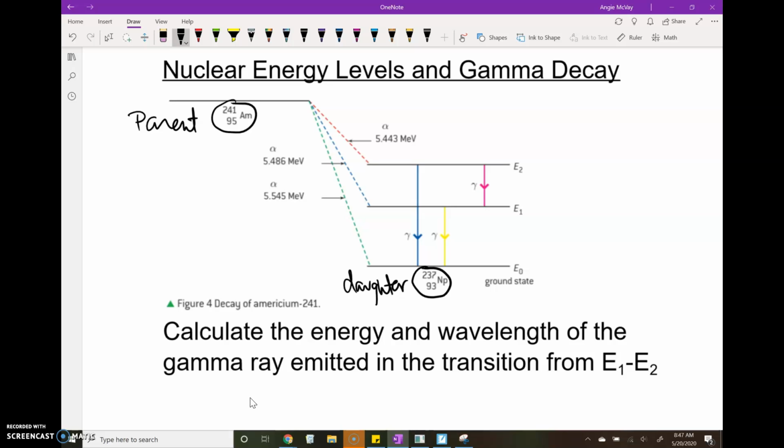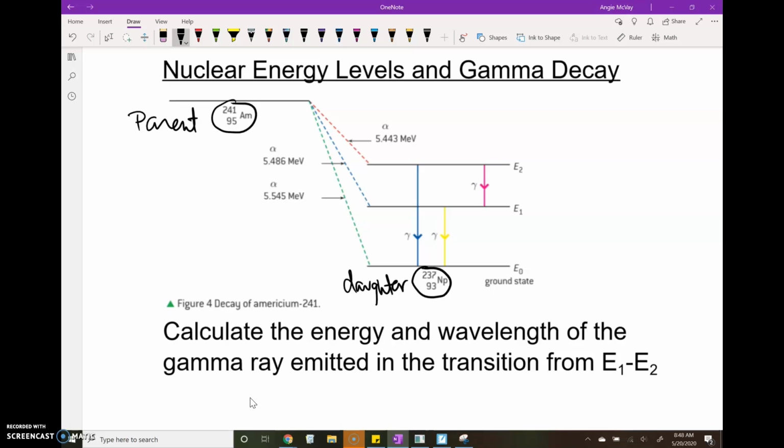And so if the parent americium emits an alpha particle that has an energy of 5.433 mega electron volts, the daughter nucleus will be in an excited state. It would have a nuclear energy that is E2, right? Very similar to an electron in its second excited state. But this is a nucleus in an excited state.